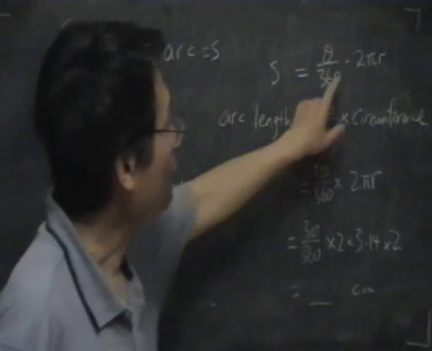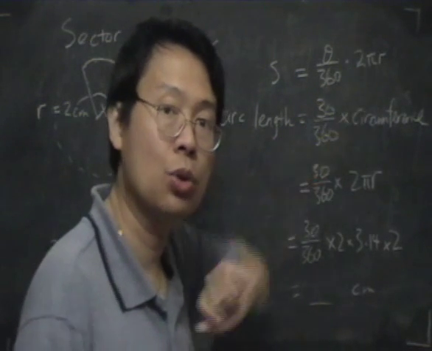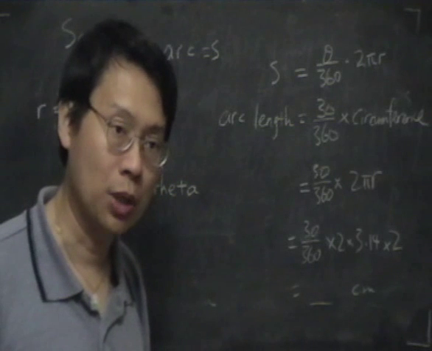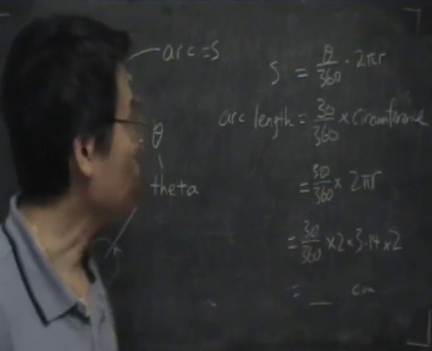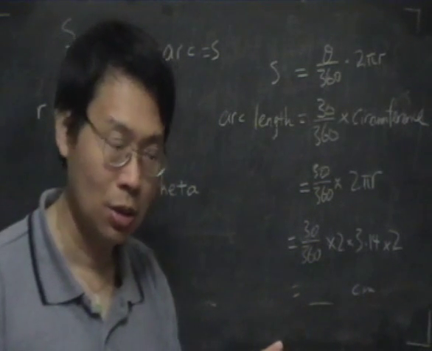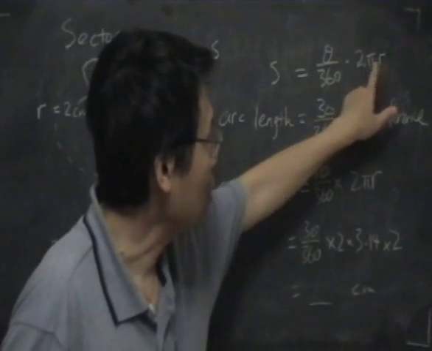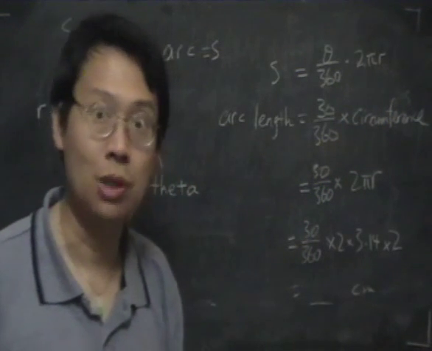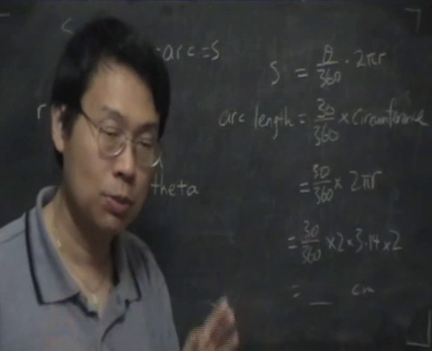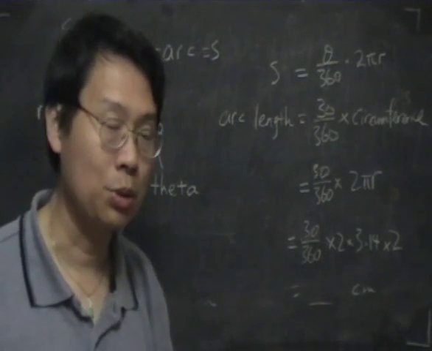Right? Now I've put a little dot there. That's what we also do sometimes in algebra to represent multiplication. So if you have two symbols with nothing in between, like pi and r, it means pi times r. But if you have a dot between two symbols, that also means multiply.